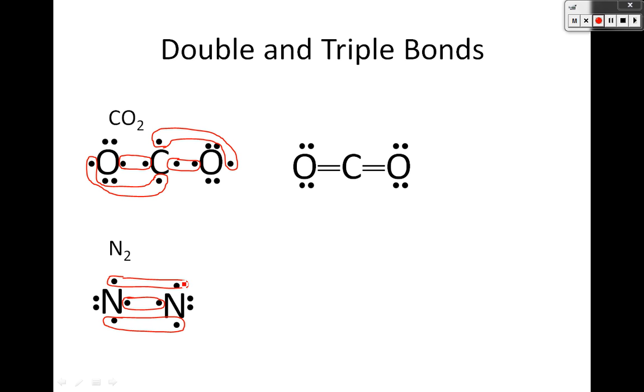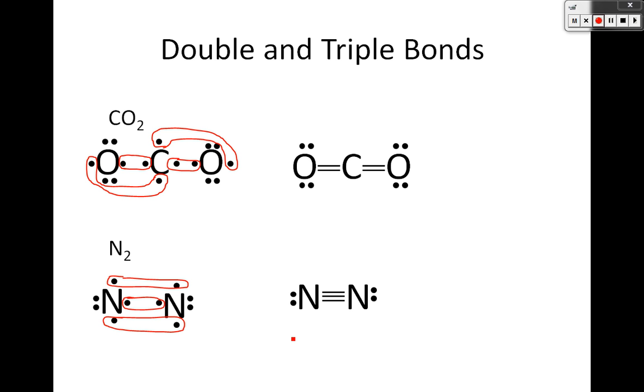It will have the 6, 1, 2, 3, 4, 5, 6 that are shared, plus each atom has 2 unbonded electrons. 6 plus 2 is 8. And so we would draw that like this. Nitrogen with what's called a triple bond, 6 shared electrons between 2 atoms, and then the 2 unbonded electrons.